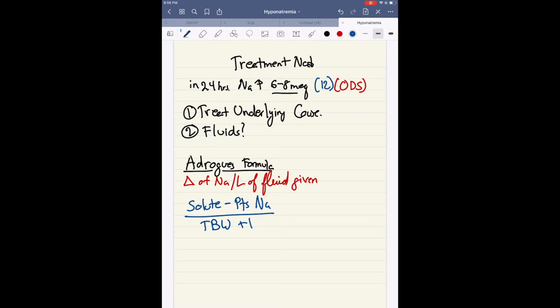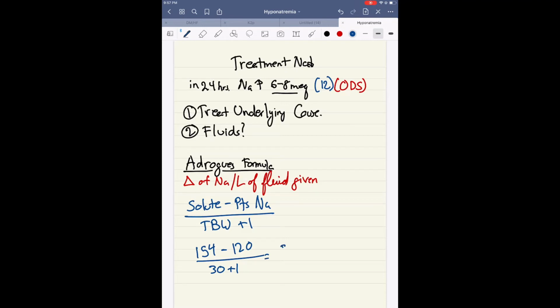So let's go over an example of this. Let's say we're giving a liter of normal saline, so 154 minus the patient sodium. Let's say the sodium is 120, over the total body water. You put it in the calculator, and let's say you get 30 plus 1, the 1 liter of H2O, along with that 154 milliequivalents of normal saline you're giving.